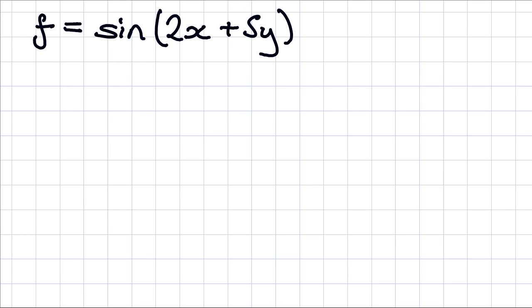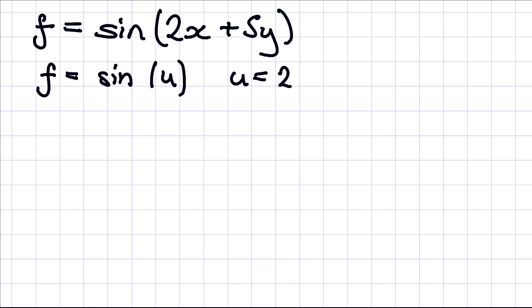Here we're going to be taking the derivatives of function f, which is sine of 2x plus 5y. So this is a function of a function, so I can write f as being sine of u, where u is 2x plus 5y, and now I can take my derivatives of f using the chain rule.